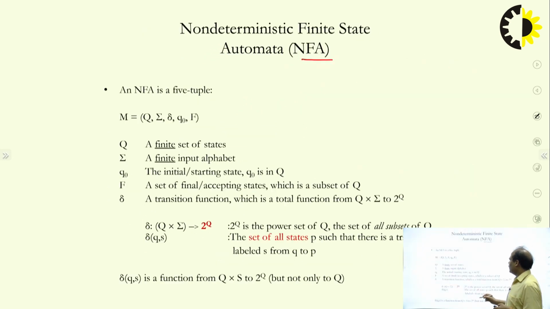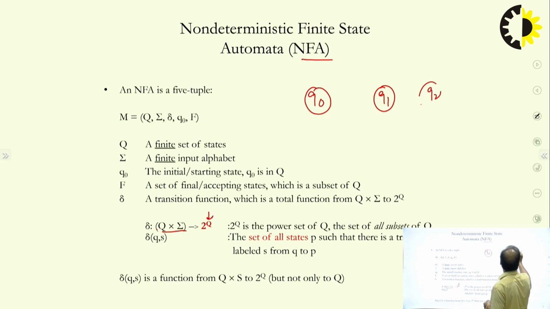On the other hand, in the non-deterministic case, delta is a map from Q cross sigma to any number of subsets. The simplest way to understand whether a finite automaton is non-deterministic or not: suppose we have Q0, Q1 and Q2, and let's say this is a final state.